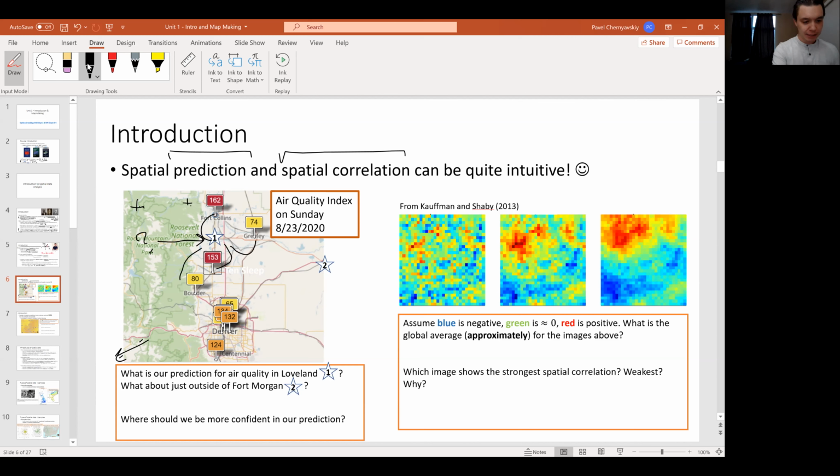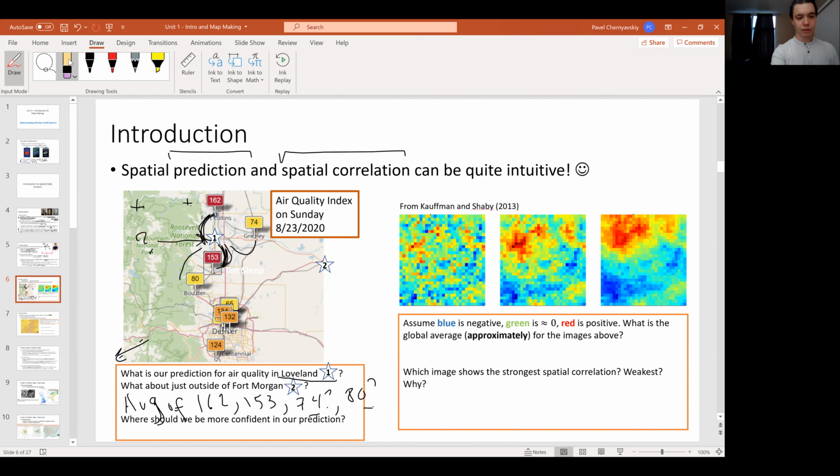So I don't know, something like the average of, this is for Loveland, the average of 162, 153, maybe 74, maybe 80. And I'm saying question marks here because you would recognize that Loveland is far closer to Fort Collins and this reading of 153 than it is to Boulder and to Greeley.